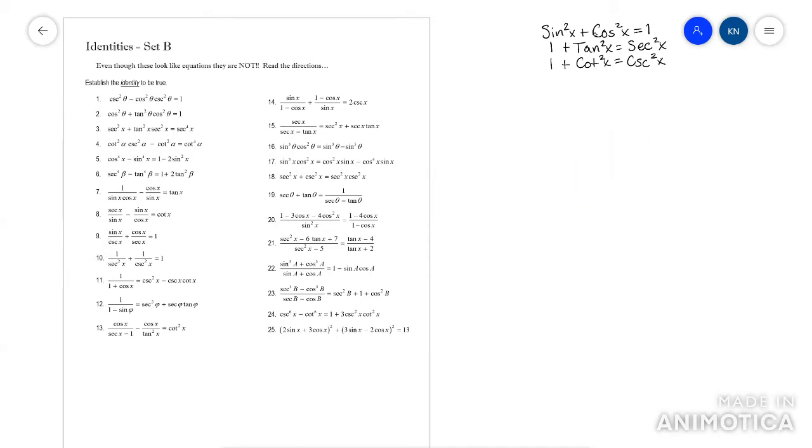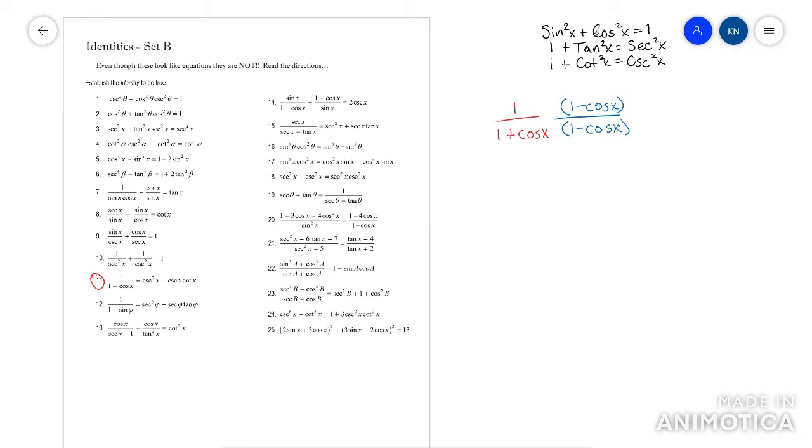Which brings us to number 11. All right, number 11 is weird because, I'll just show you, hold on. This right here is a problem for you. What you're going to want to do is hit this fraction with the conjugate of that. So this is what I'm talking about.